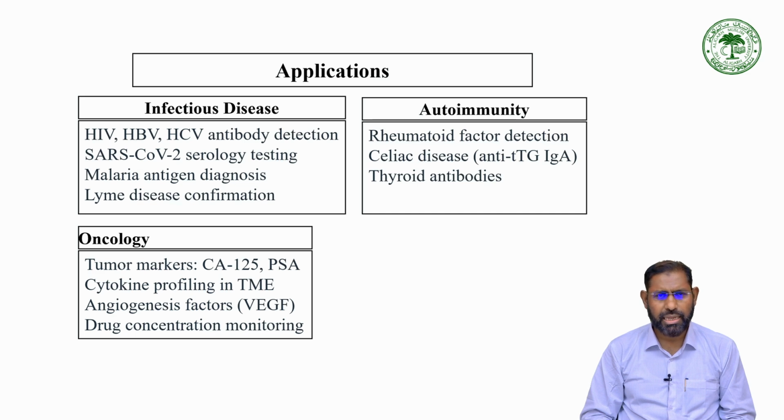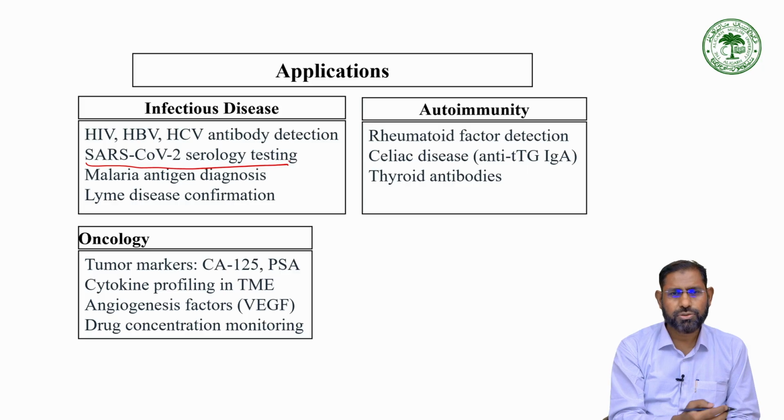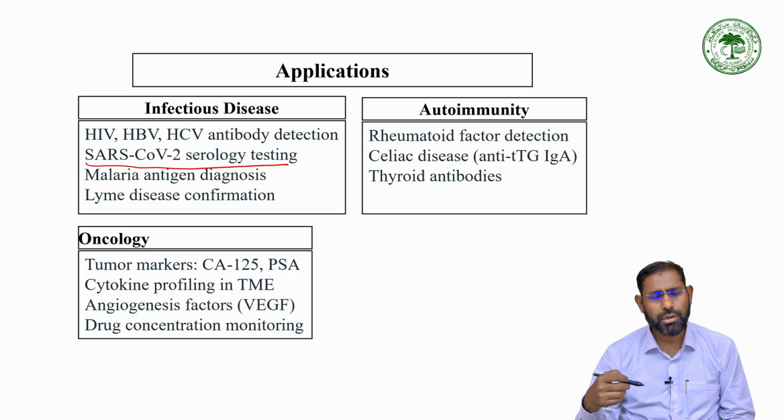Also, we use ELISA for SARS-CoV COVID viral serology testing. Then also we use it for malaria antigen diagnosis and Lyme disease confirmation. So these are routine techniques for the detection of different diseases in the hospital or in the lab.